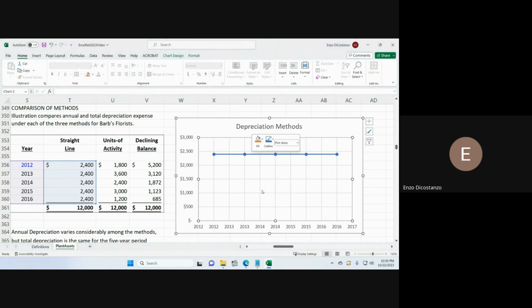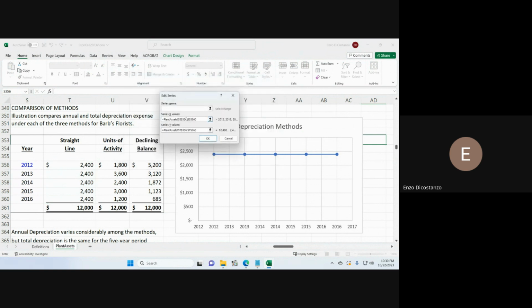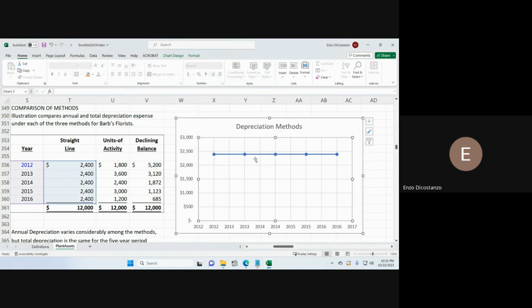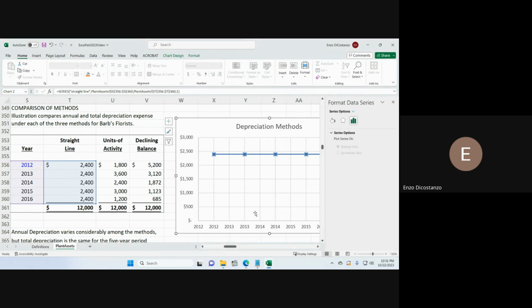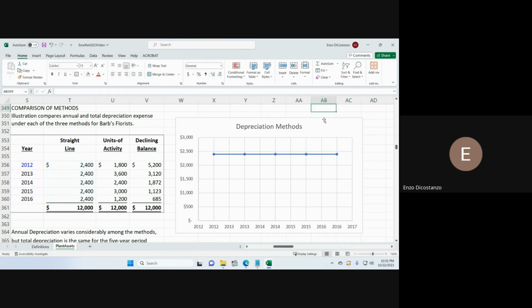So this is that first line. Right click, select data, edit. This is straight line. Marker option, built in, and you can make it a bit smaller like that.